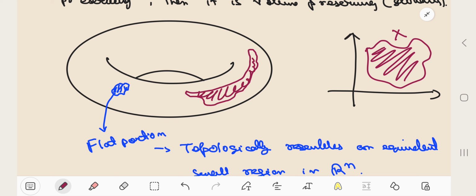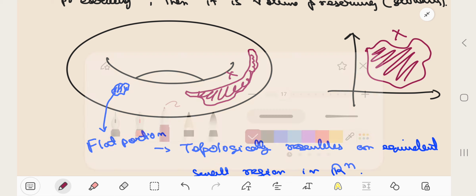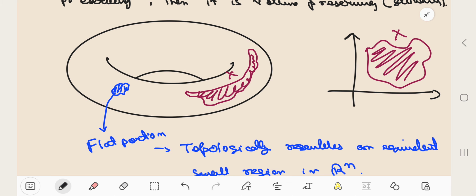In this case it won't preserve the volume it would have had inside R2, right? So in other words, the n-dimensional torus is locally flat, and that's why we say that it's locally volume preserving.